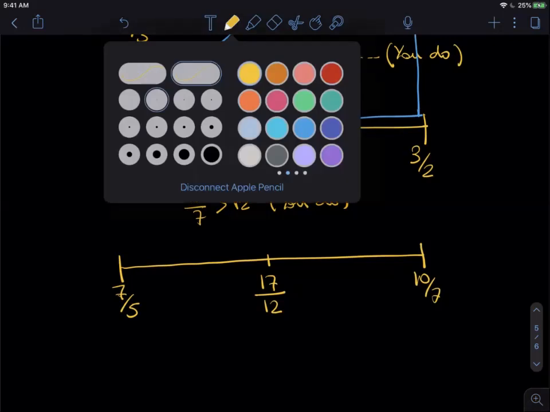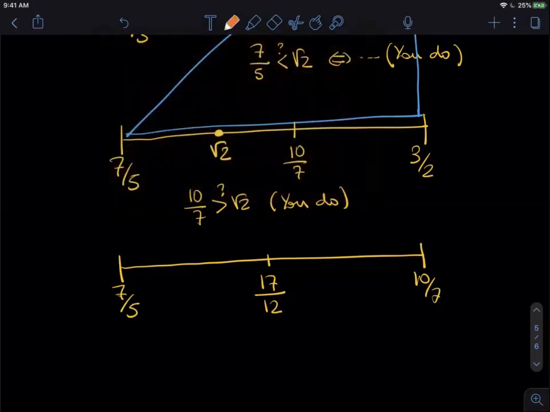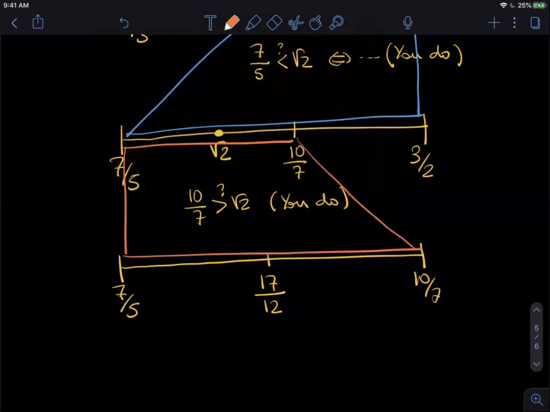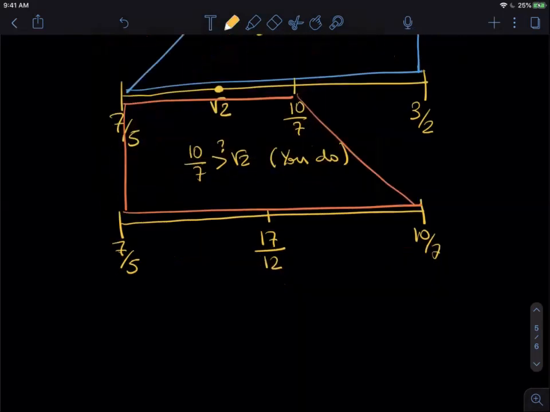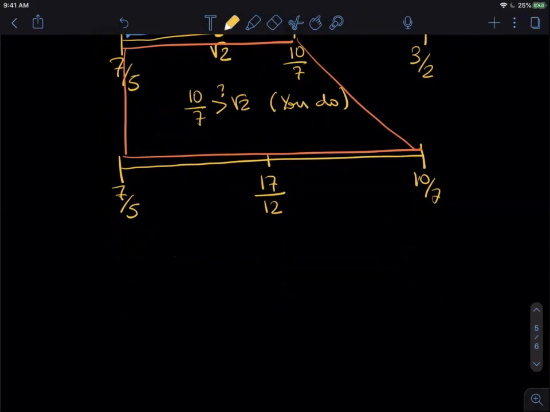Now it's just a question. So this was the interval. And so on. So then now you decide where is the square root of 2, which is going to be here.